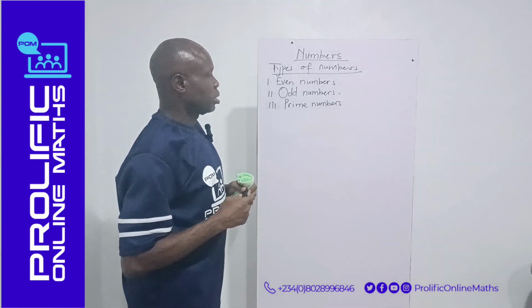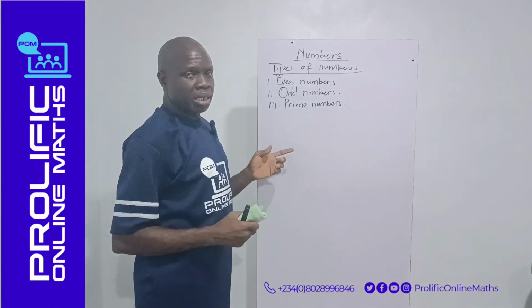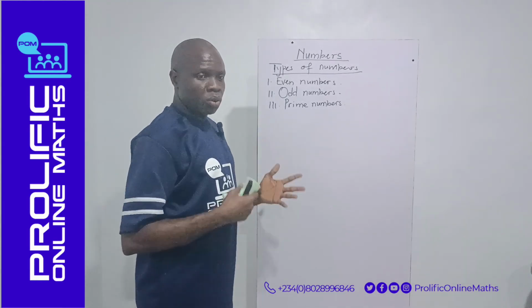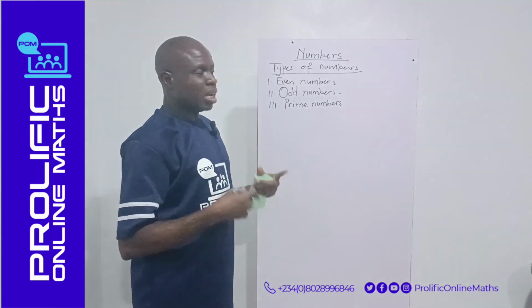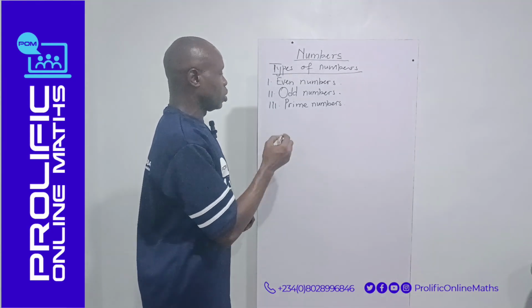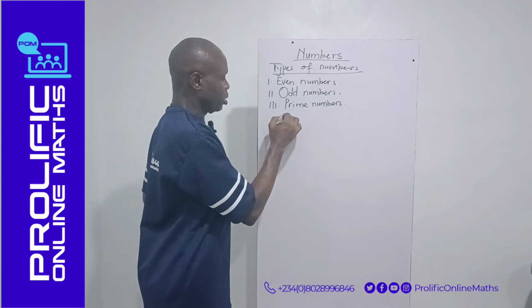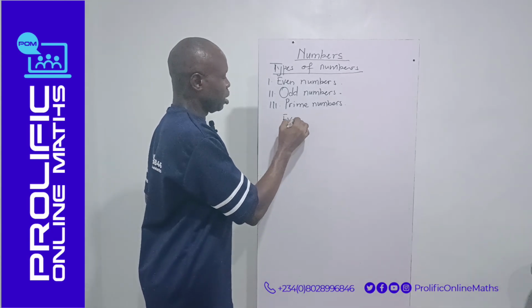Each of these numbers has its types and there is a way we use them. And we are going to be treating them one after the other. The first one we are looking at is the even numbers.